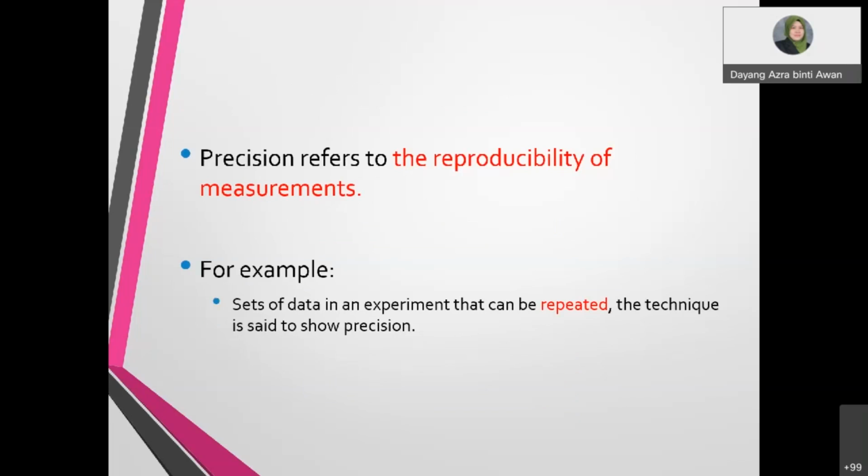Okay, so this precision can be collected in how many repetitions you have. Okay, so the more you repeat the process of measurement, makin accurate lagi you punya results. Okay.